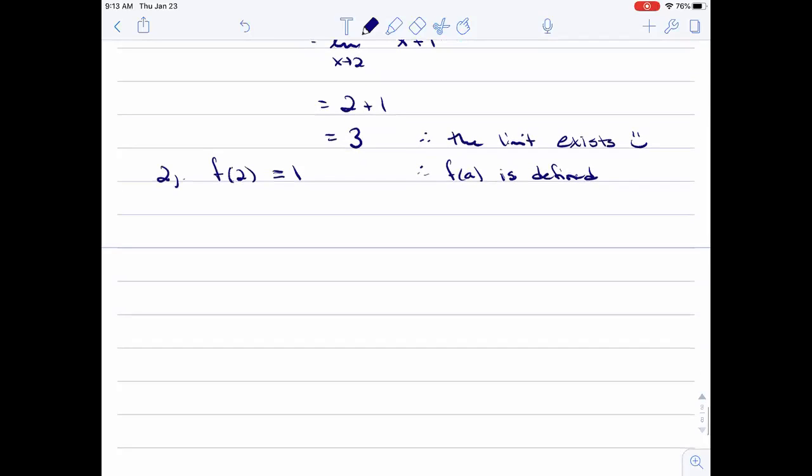So the third one, squeeze it in on the same page: the limit as x approaches 2 of f of x is not equal to f evaluated at 2.